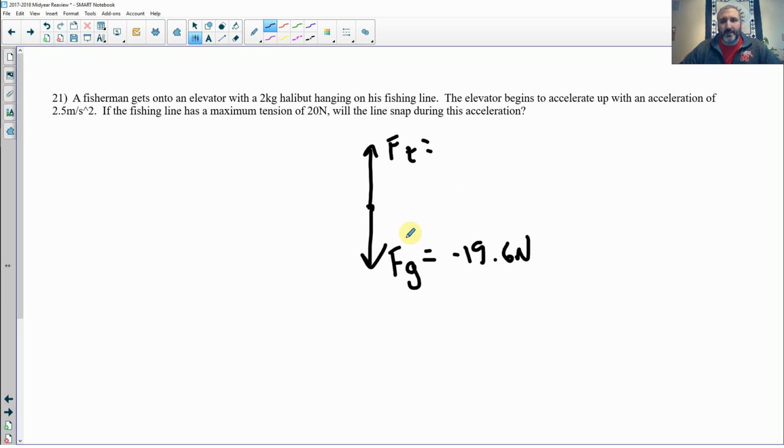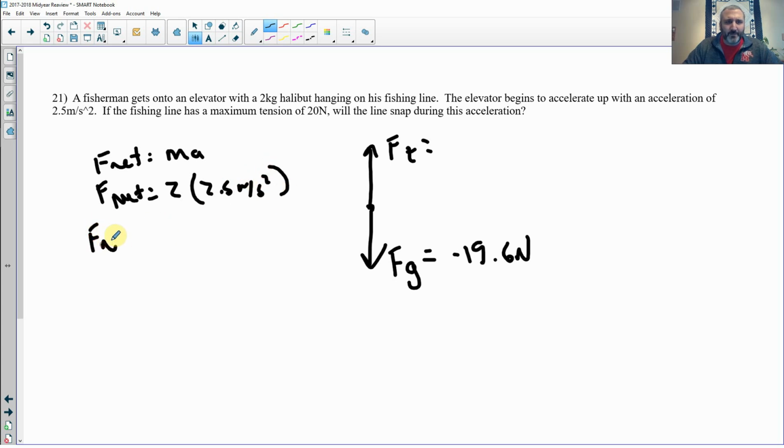Now, the whole thing, F net, equals MA. The 2 kilograms is moving up, accelerating at 2.5 meters per second squared. So that means my net force has to be 2 times 2.5, which is positive 5 newtons.